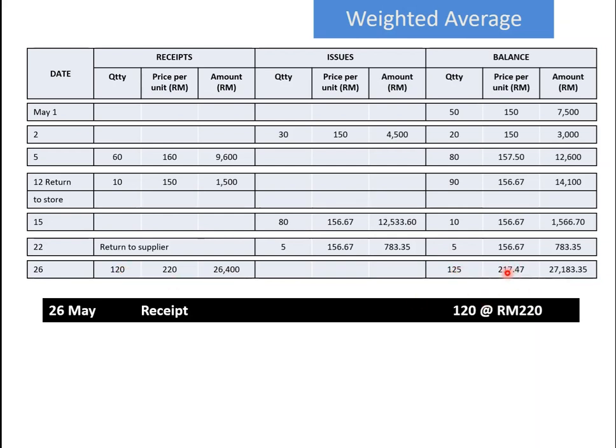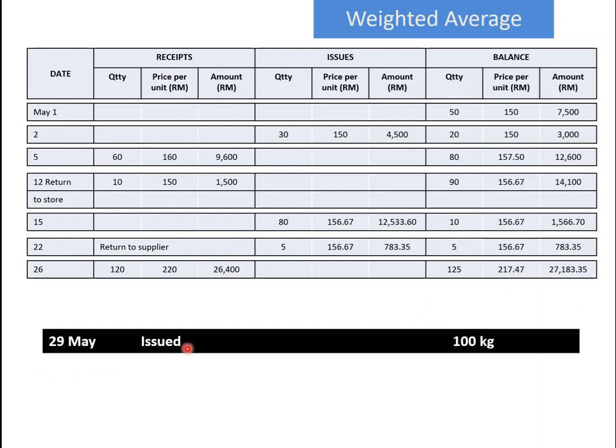For the cost per unit, we need to average, which is 783.35 plus 26,400 divided by 125, then we get 217.47.